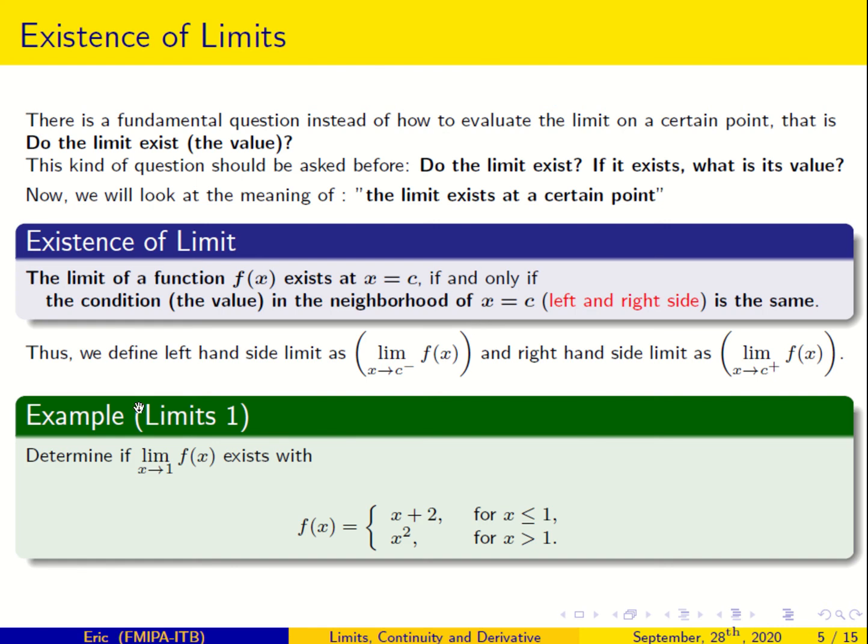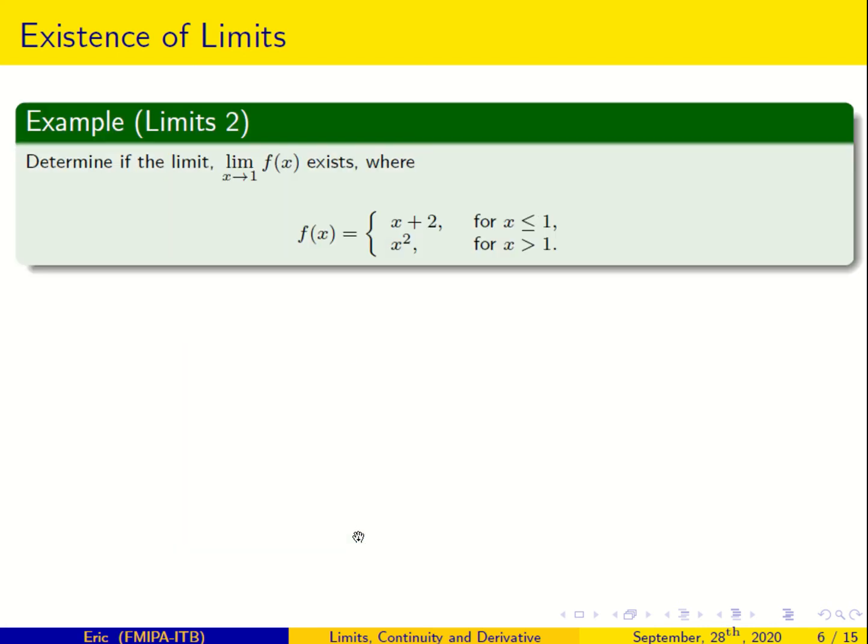Okay, so let's look at this example. Determine if the limit of f(x) when x goes to 1 exists. This is the combined function, so there could be some problem when the function changes, that is when x equals 1. So we are looking at the limit of f(x) as x goes to 1 minus. 1 minus is the left of 1.